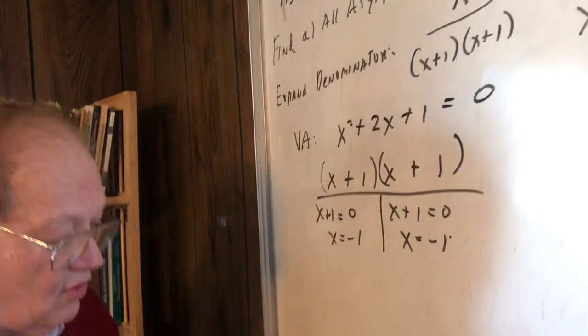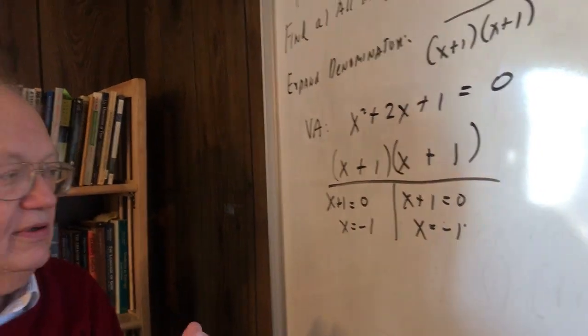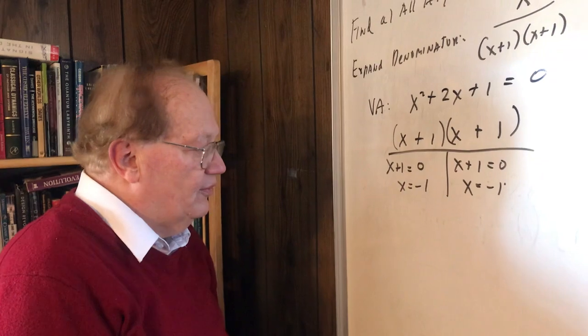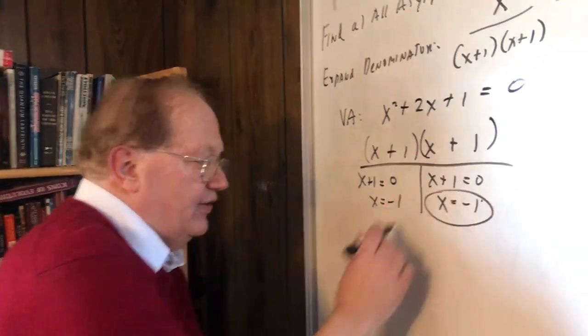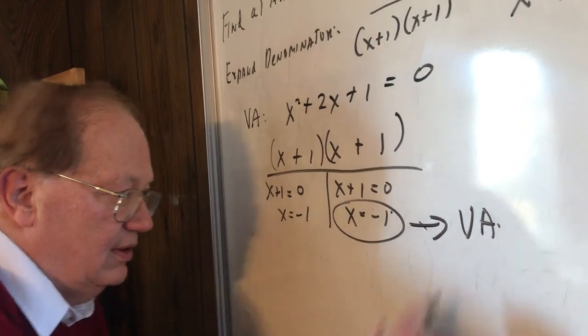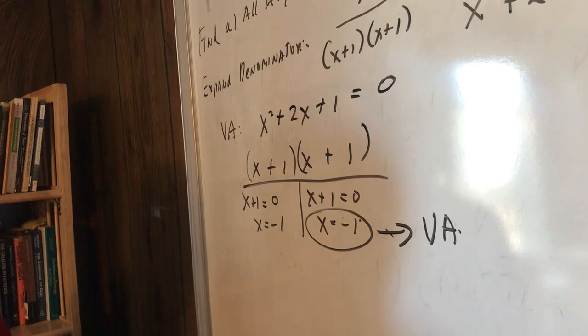In case you want to know, mathematically, this is called a degenerate solution. You have the same solution for both roots, and it means there's only one root here. So we're just interested in x equal minus 1, and this is your vertical asymptote. So x equal minus 1 becomes your vertical asymptote.